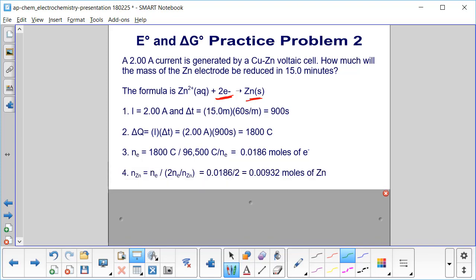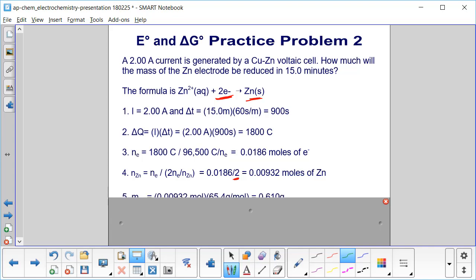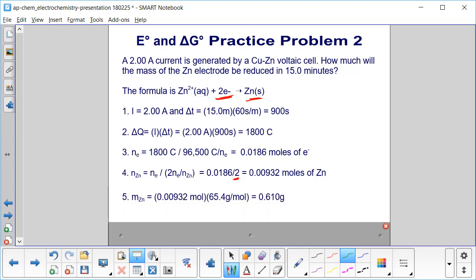And so I'm going to divide my moles of electrons by 2 to get 0.00932 moles of zinc. And I can convert that to grams using the molar mass of zinc. 0.610 grams of zinc should leave the zinc electrode in its oxidation in a time of 15 minutes.